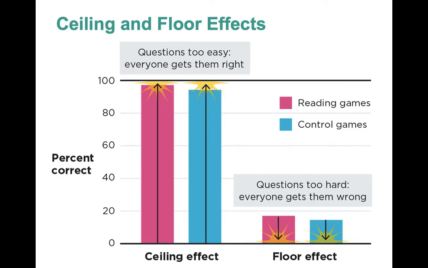It can be the case, however, that ceilings and floors aren't just a function of a bad operationalization of a dependent variable, but can be the result of a problematic operationalization of the independent variable. It's not pictured here, but let's go back and think about the money and mood study. It would be possible to get a floor effect by having a not very good manipulation of the money independent variable.